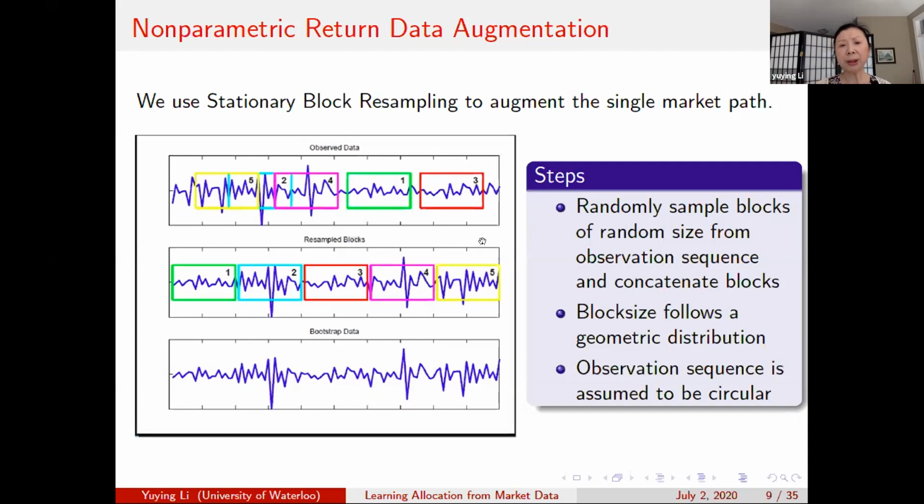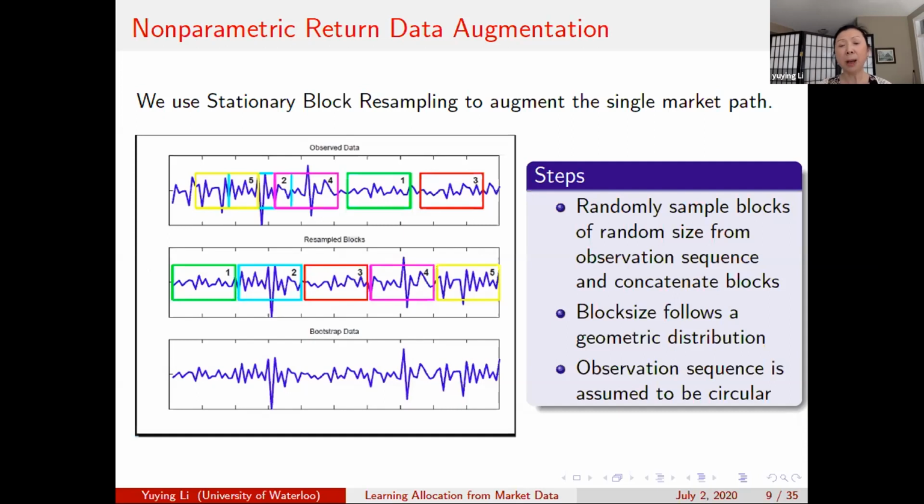Now, the assumption here in order to do this is that our sequence of market observations is circular, in other words, after you reach the last observation, you will go back to the beginning to continue sampling returns, right?